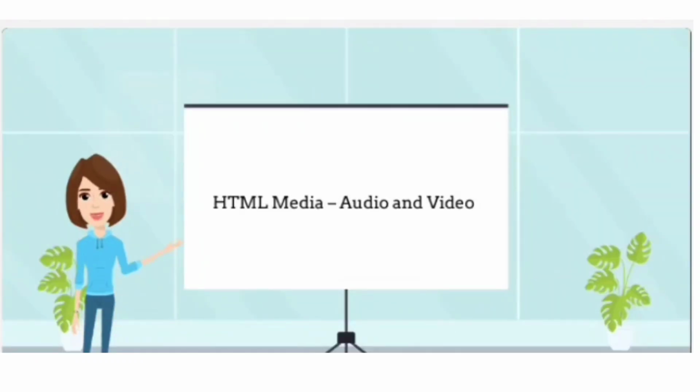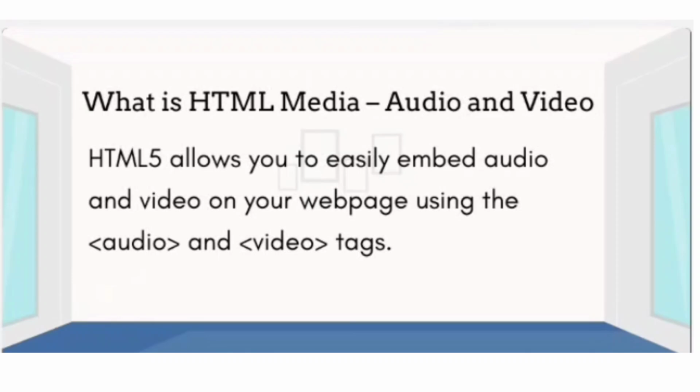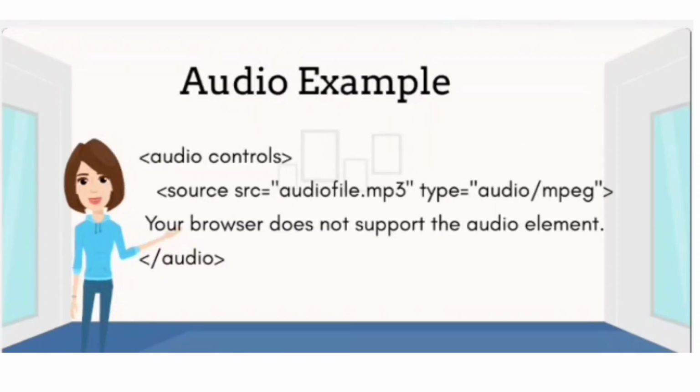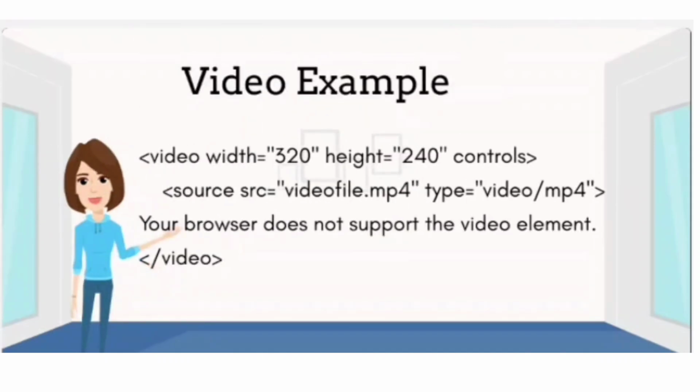HTML media, audio and video. What are HTML media, audio and video tags? HTML5 allows you to easily embed audio and video on your web page using the audio and video tags. Here is the example for audio. This is the example for video.